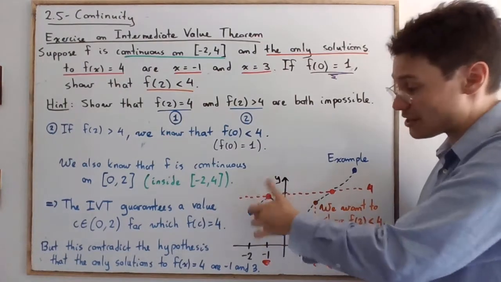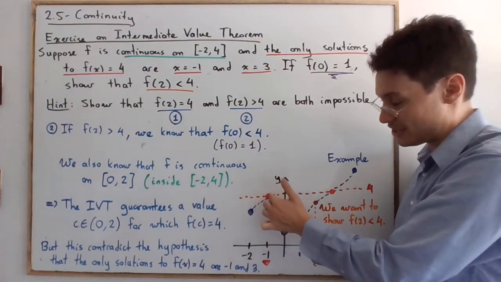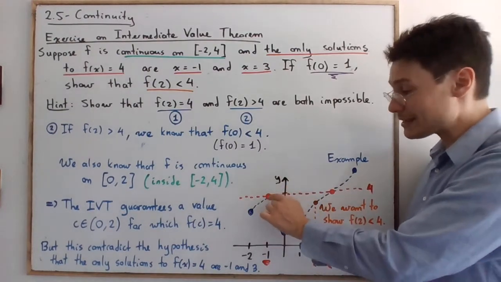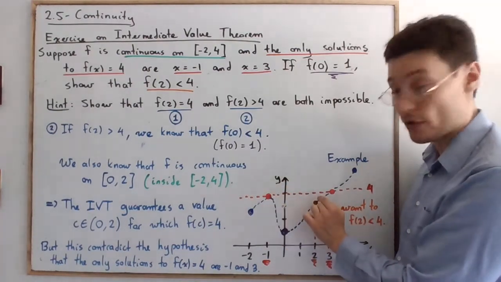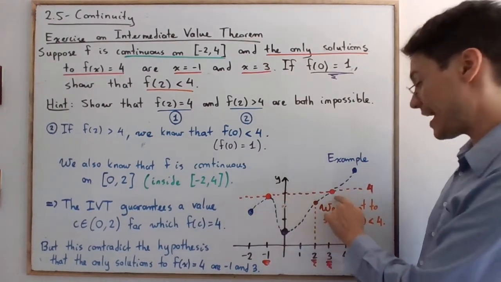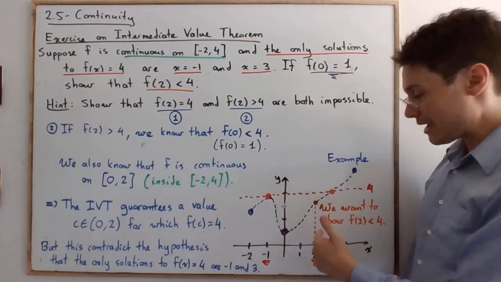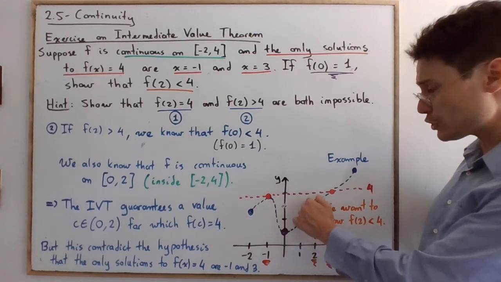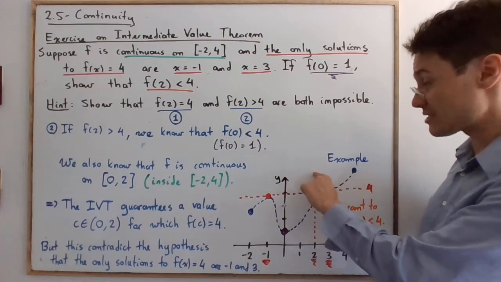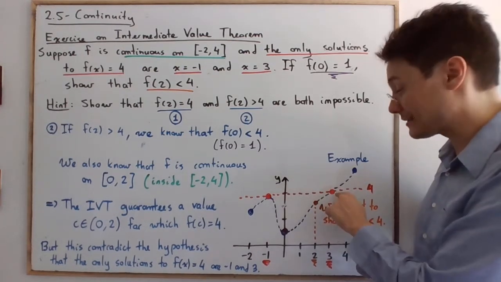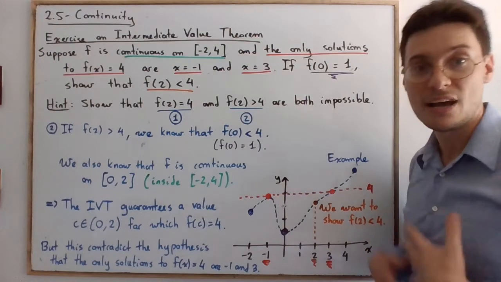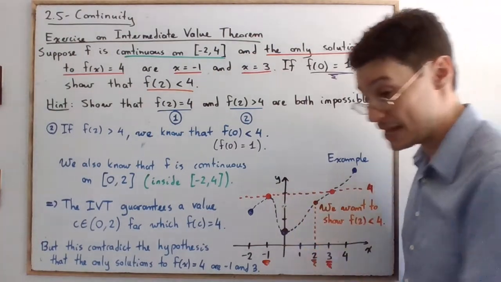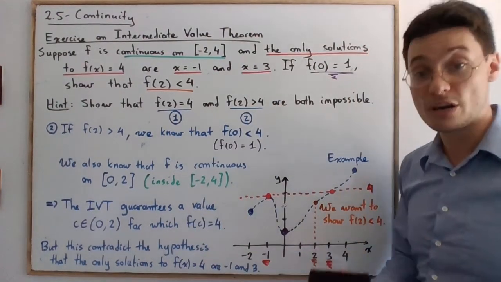Okay, it doesn't have to cross it, it can just touch it. Look here, it touches it, but it doesn't go up. But the only time it can hit the line in one way or another is at -1 and at 3. So what we have to prove basically is that the function couldn't go above the line, reaching some higher value than 4, and then back down. Because then it would create another solution where it hits that red line for a third time. Okay, so that's how the proof is structured.